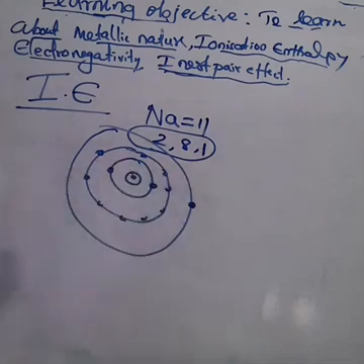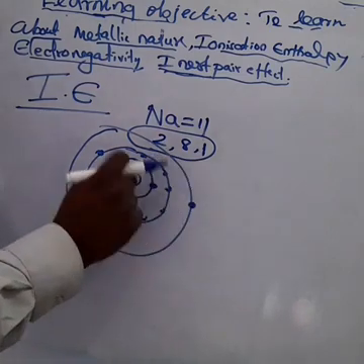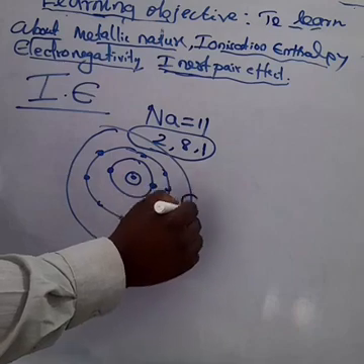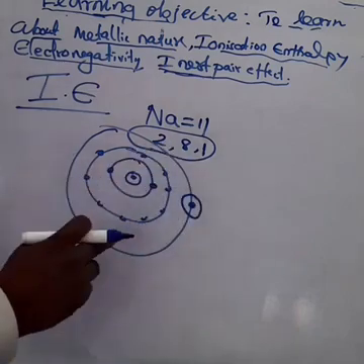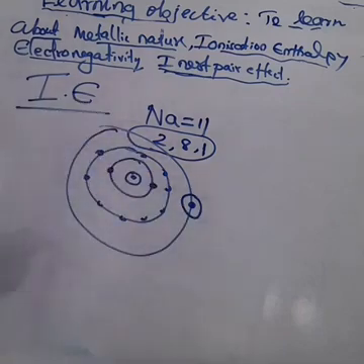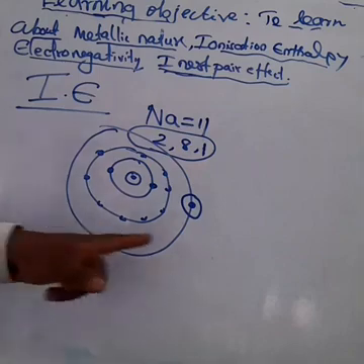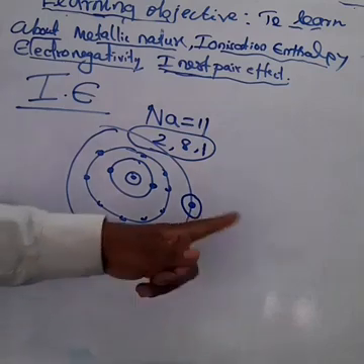What is the ionization energy? The energy required to remove this electron, that means the energy required to remove the most loosely bound electron. This electron is most loosely bound. So we have to remove this electron by giving some energy.